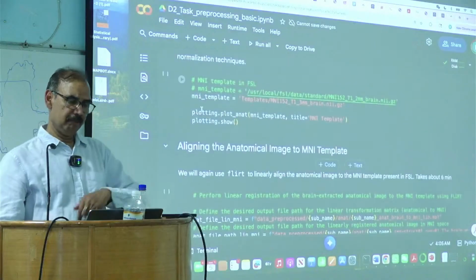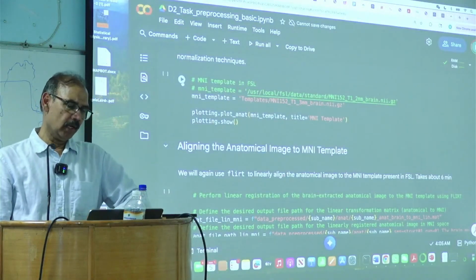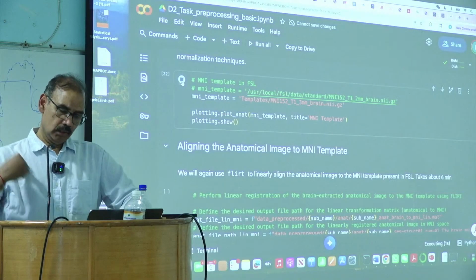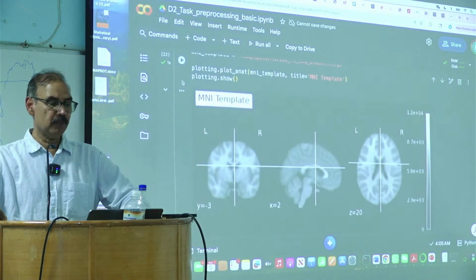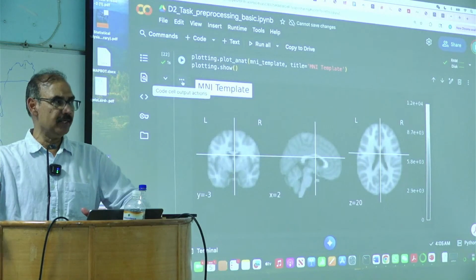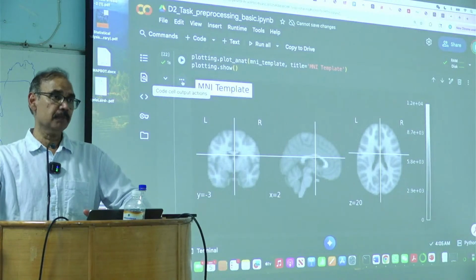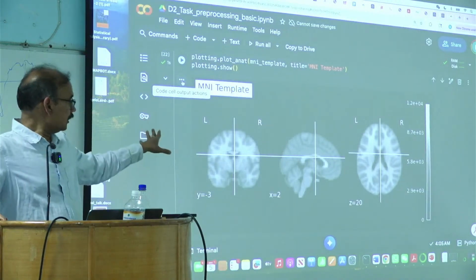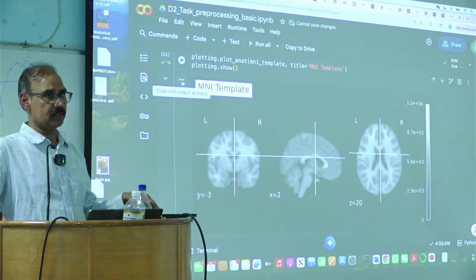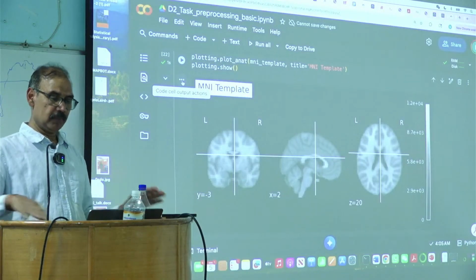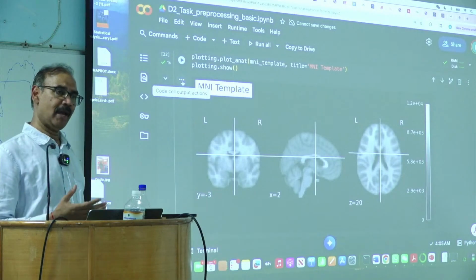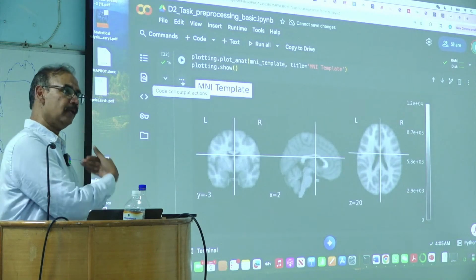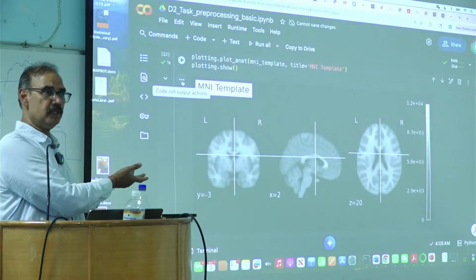So as I had mentioned yesterday, to compare different brains, we use a template, right? So any data which is used is transformed into this atlas called the MNI atlas. And by doing this, the advantage we have is that every brain is transformed into this.